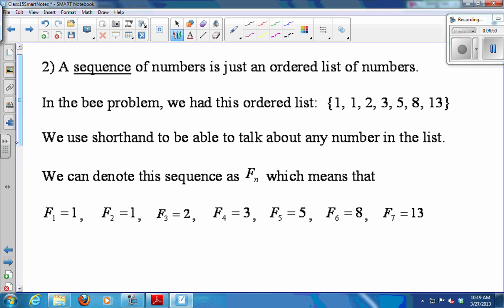So F sub 1 would be 1, the first number in the list. F sub 2 is also 1, the second number in the list. F sub 3 means the third number in the list, so that would be a 2. The fourth number in the list is 3, and the fifth number in the list is 5. F6 is 8, F7 is 13. So this is just the notation we learned last class.